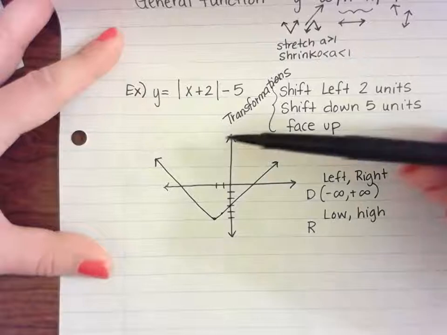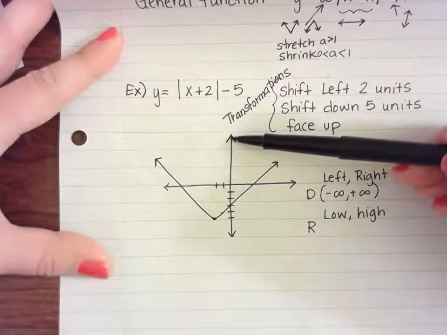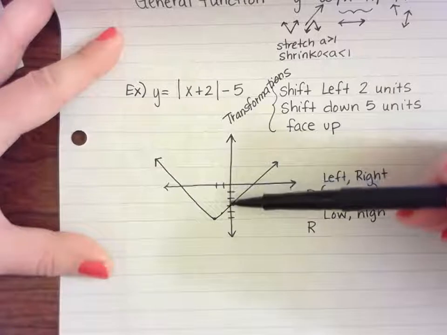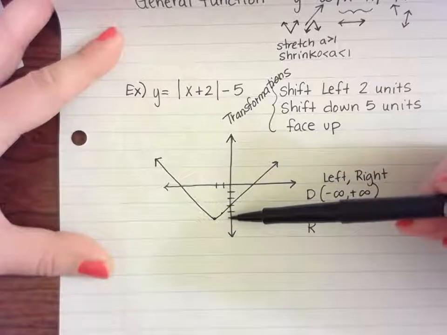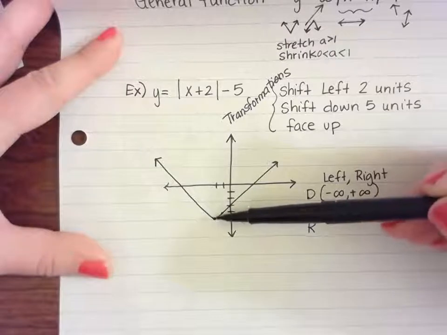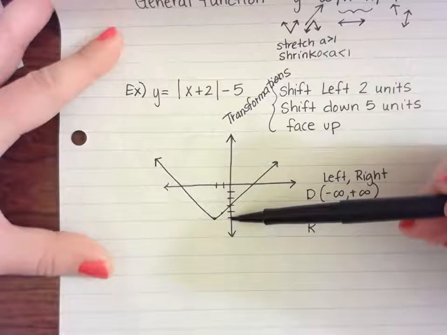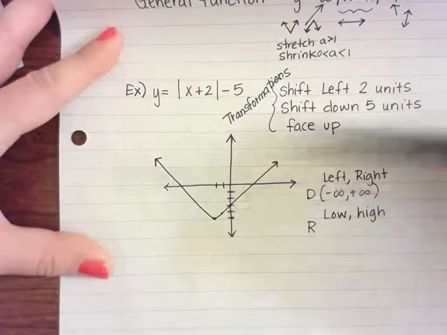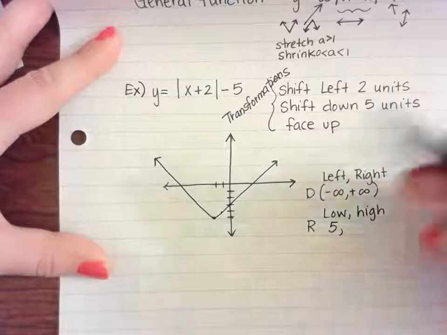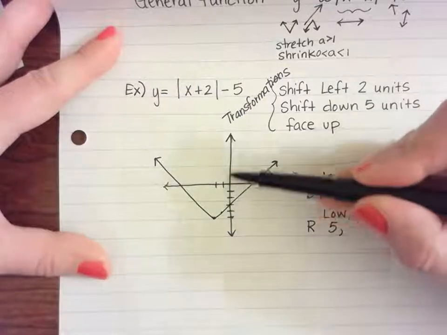So when I'm doing a range, I put my pencil right on the y-axis and I follow down the y-axis until my pencil is lined up with about as far down as the vertex is. So I'm right in line right here. It looks like I'm down 5, so my range is going to be negative 5, comma. Now, how far up will this go?